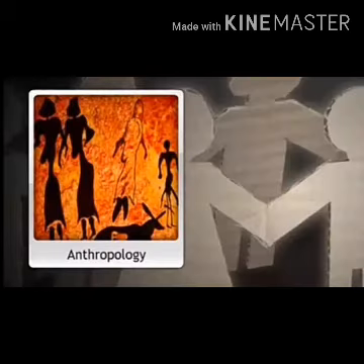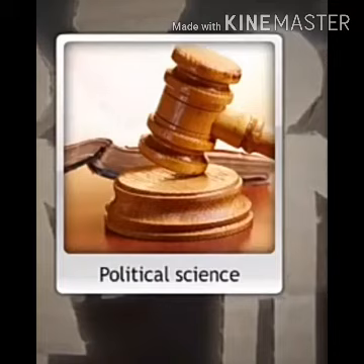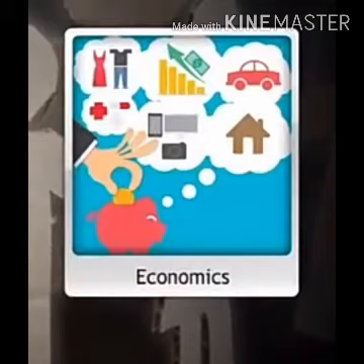Anthropology, it means study of human relation in society or study of human origin or study of origin of life. Sociology, that means study of society. Political science, that is study of politics. And economics is the study of production, distribution, consumption of goods and supply of money.